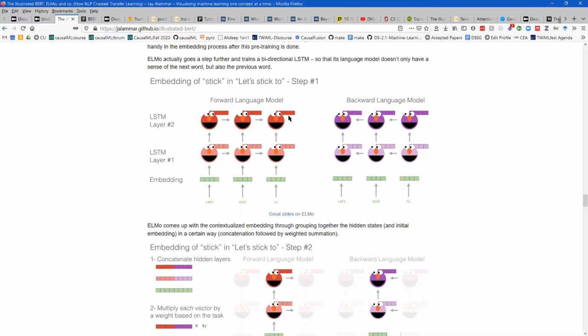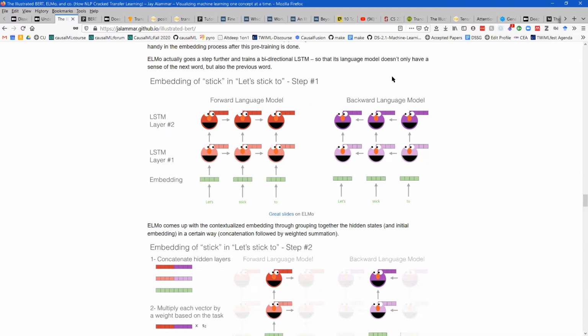So if you input your current sentence to this model, and you want the embedding of the second word, which is stick in this case, you would just take the hidden layer at the second time step from the forward language model and the backward language model.